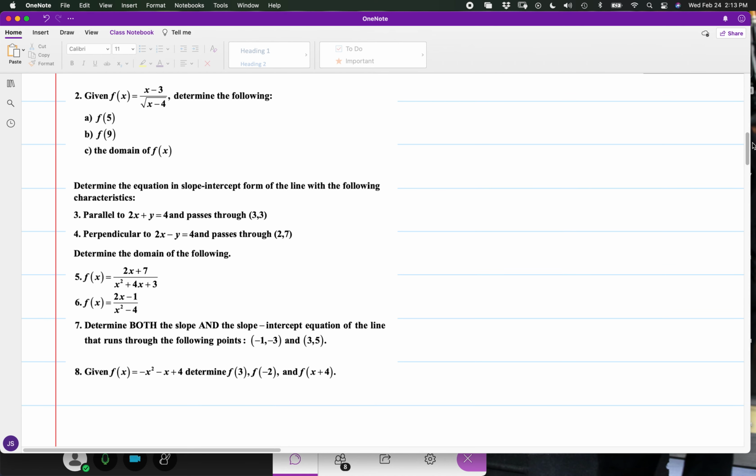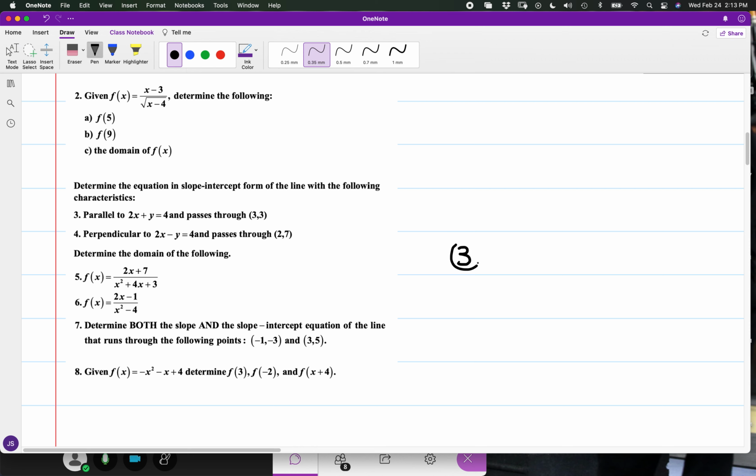Among the relations, we have lines that run parallel, those that run perpendicular, as well as those that do not have either kind of relation. For number 3, you're looking at determining the equation in slope-intercept form of a line that's going to run parallel to the line represented by 2x plus y is equal to 4, and that is going to pass through 3, 3.